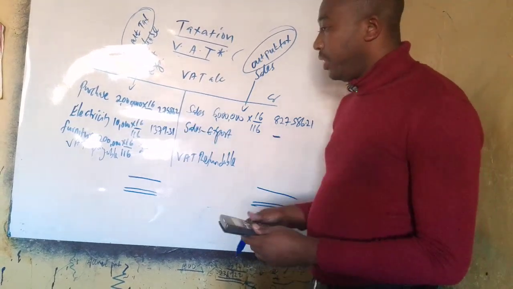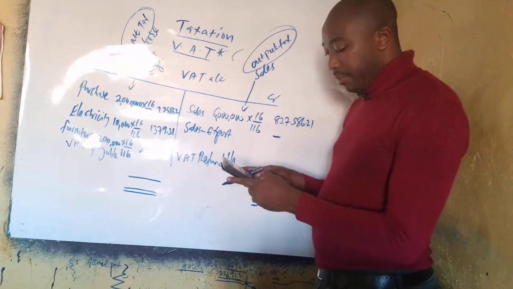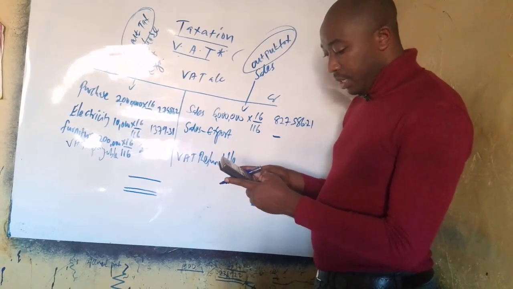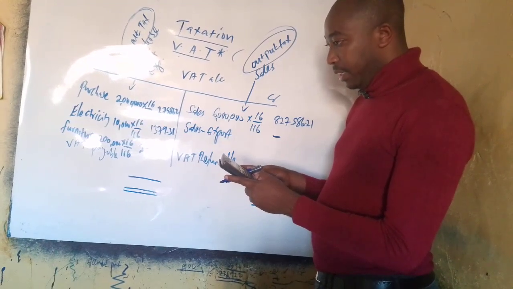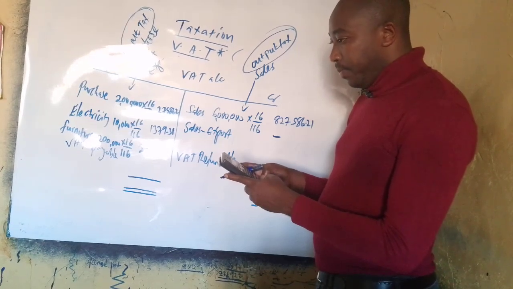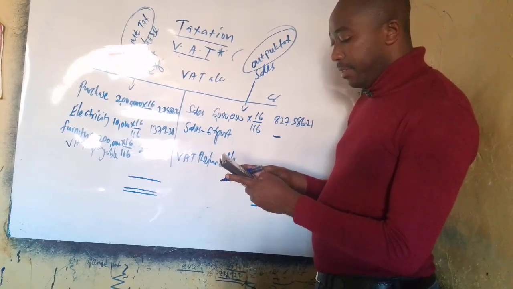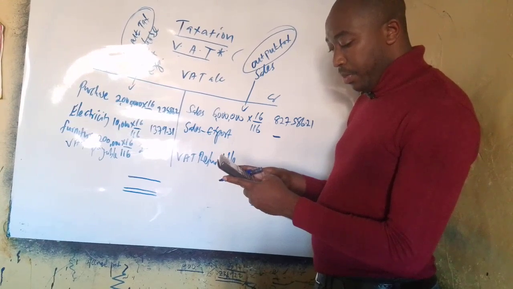So let me accumulate the figures. 275,862 plus 1,379.31 plus 27,586.21.